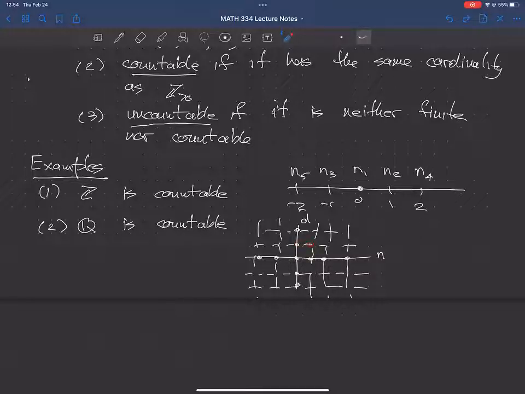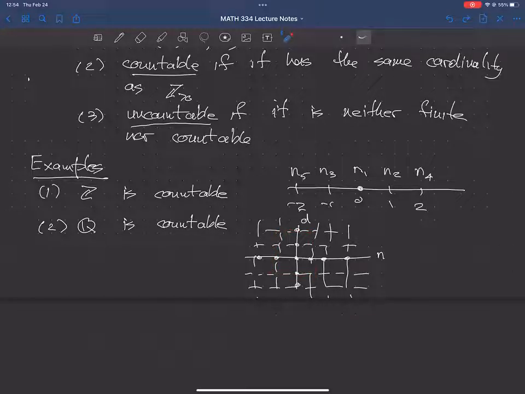So that sounds like the number 1. Okay, so now I have the rational number 1. So then I come down here and I have numerator 1, denominator 0. Well, that's not defined, so I just skip over that one. Okay. Then I come here and I get -1, right? So the numerator is 1, the denominator is -1. That sounds like -1. And then I just keep going like this.